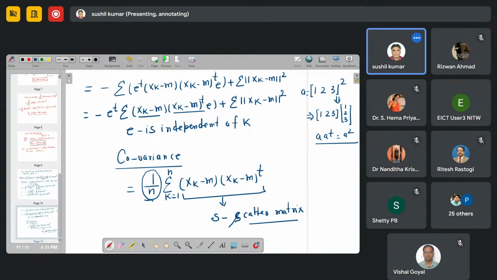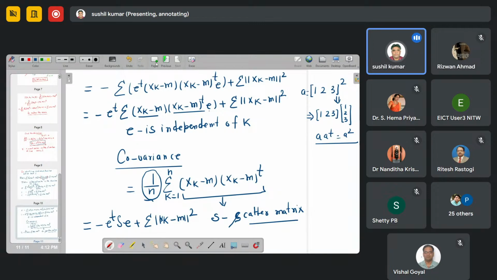So what will the situation be here? It will be minus E transpose, and this portion I will replace with S, and this E stays as it is, plus (x_k - m) whole square. This is my equation here. S is a scatter matrix, similar to the covariance matrix.